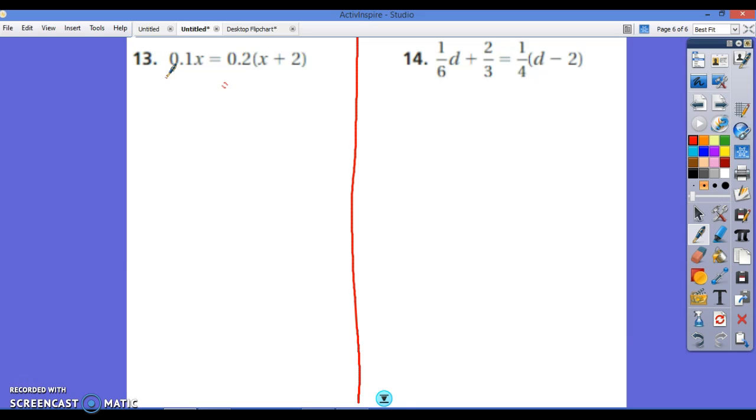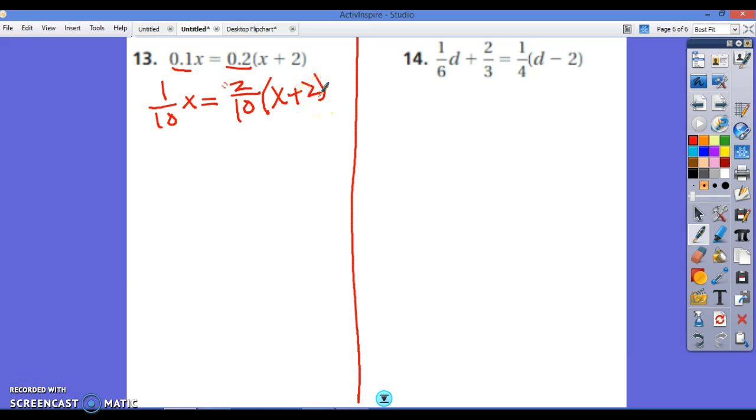So for instance, for number 13, if you don't want to work with decimals, you can convert them to fractions. I can rewrite this 1/10 x just like how you heard it. 1/10 x is equal to, well, I can rewrite that as a fraction too. 2/10 times x plus 2.